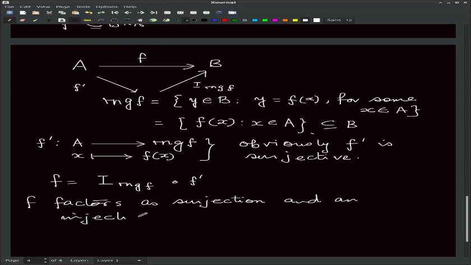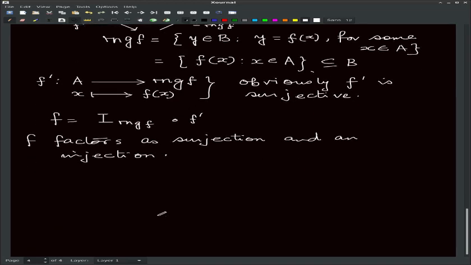And there is something nice about this. This factorization is in a sense unique.